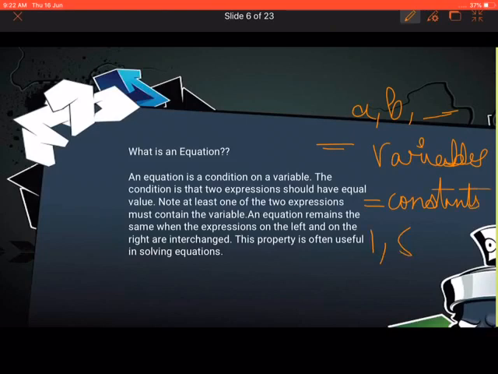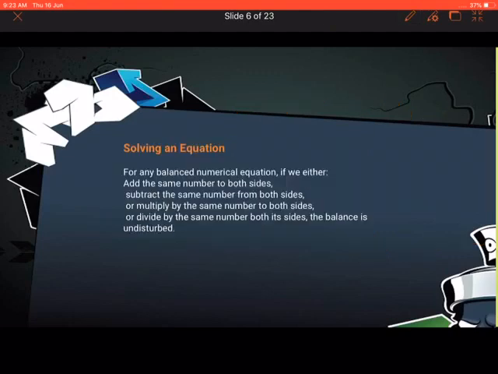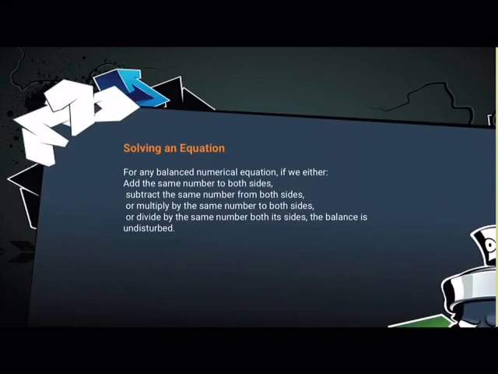Constants are the numbers, till infinity, as far as you can count. So basically, an equation consists of three things: variables, constants, and an equality sign. Without the equality sign it is basically just an expression, but if it includes an equality sign, that will be an equation.